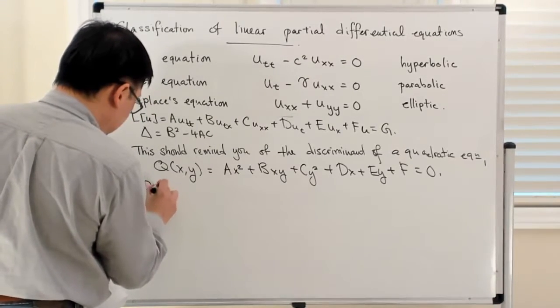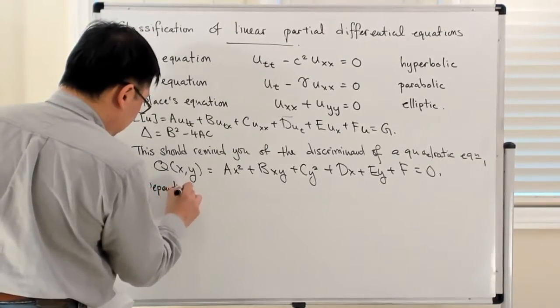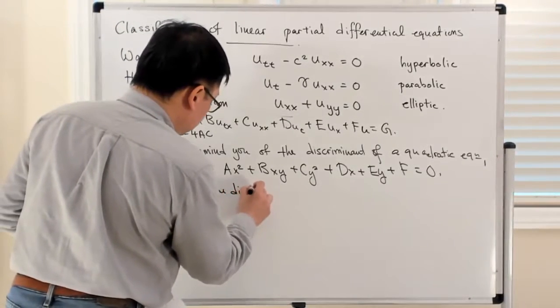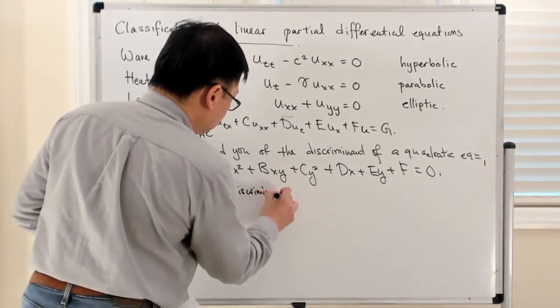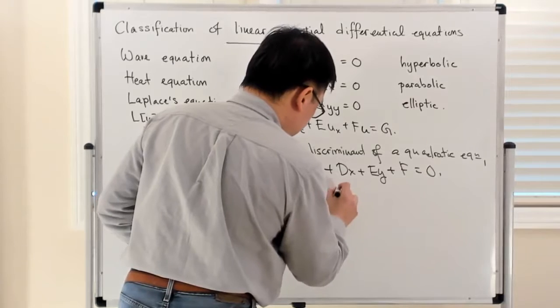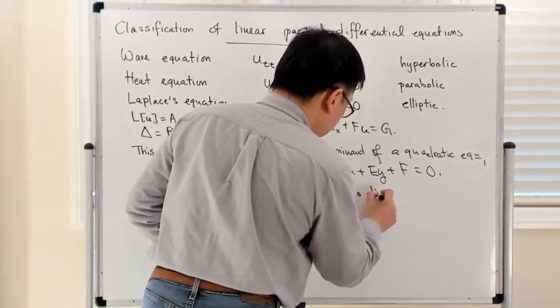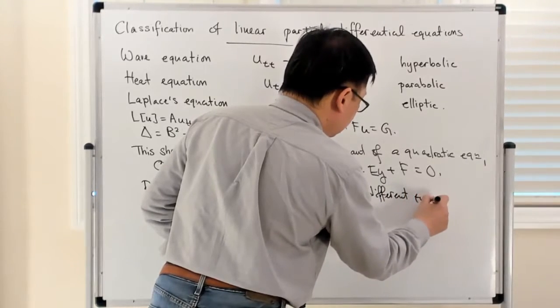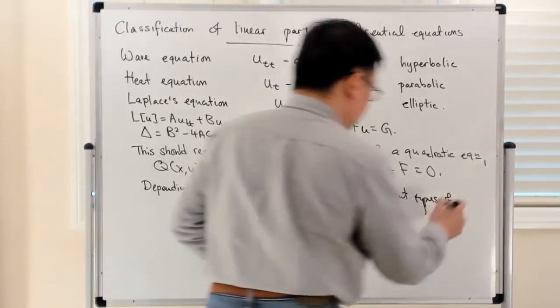So depending on the discriminant, this leads to different types of conic sections.